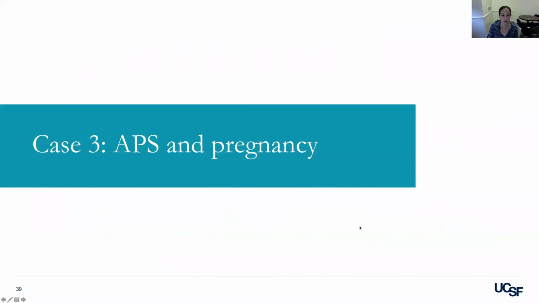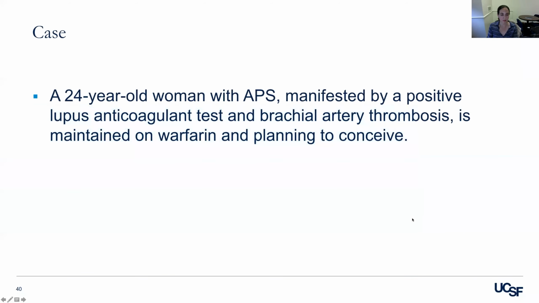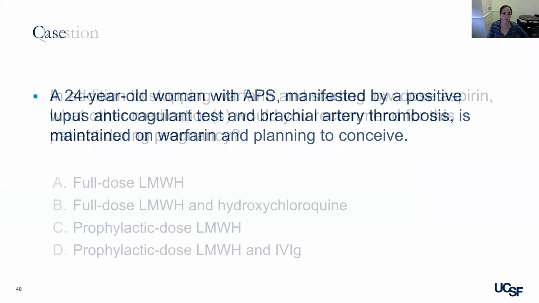Okay, moving on to antiphospholipid syndrome and pregnancy. So we have a 24-year-old woman with antiphospholipid syndrome manifested by a positive lupus anticoagulant test and a brachial artery thrombosis in the past. She's maintained on warfarin and she's planning to conceive.